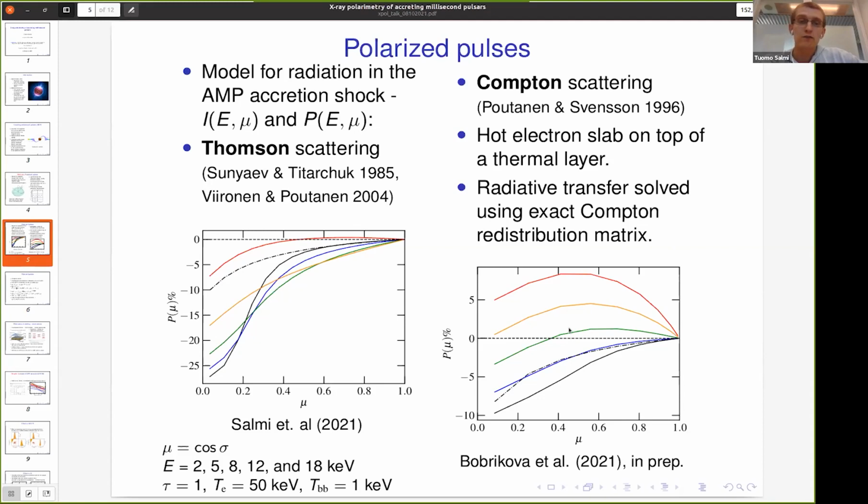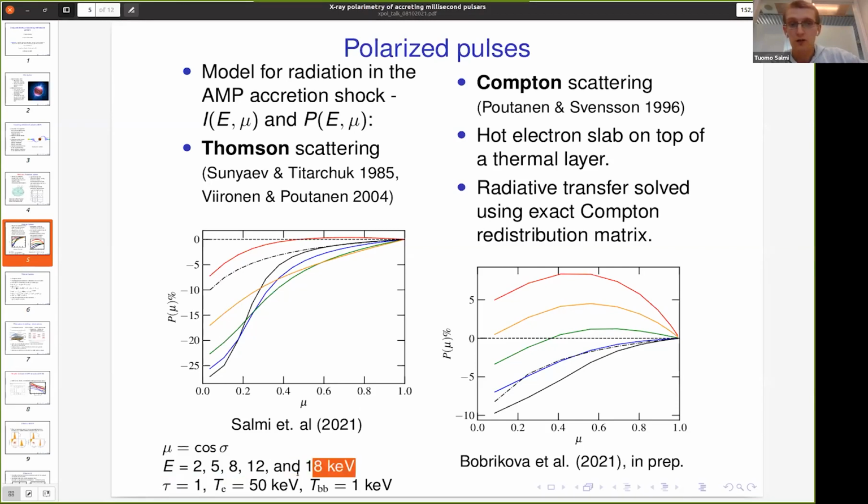And you see that if you would use this kind of model, you would get very different predictions for the polarization degree as a function of mu, assuming the same model parameters for the hot slab. Of course, generally speaking, this Compton slab model predicts smaller polarization degree, which is of course not as good as what Thomson would predict, but this is more physical, and therefore we should take that into account in our estimates.